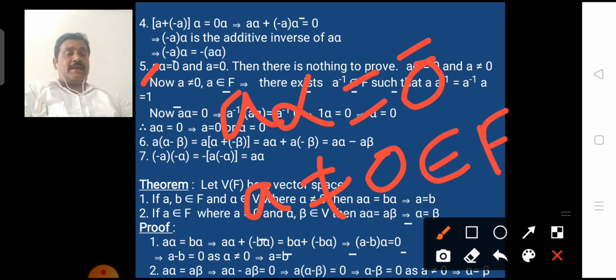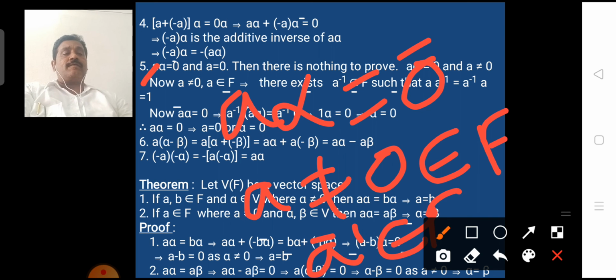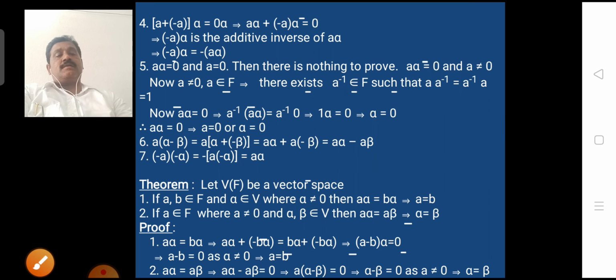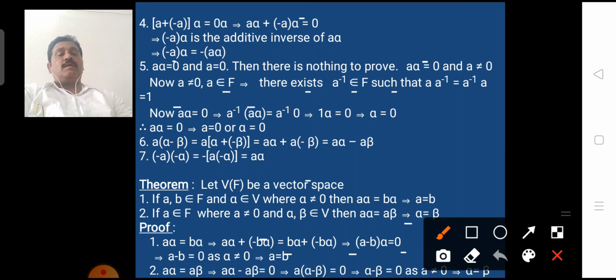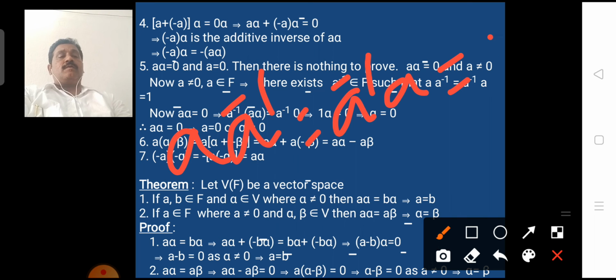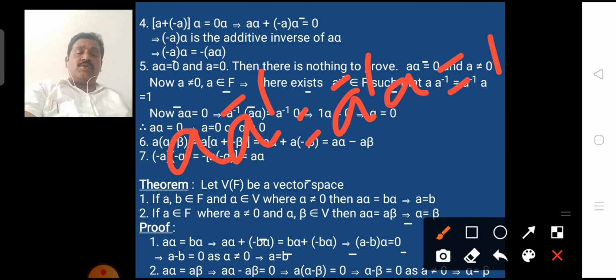Hence, in particular the element A also has a multiplicative inverse. Let it be A inverse, then there exists A inverse belonging to F such that A into A inverse equal to A inverse into A equal to 1. Okay, this is the definition for field. What is a field? Every non-zero element must have a multiplicative inverse.